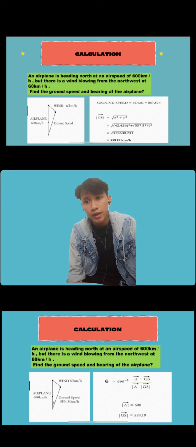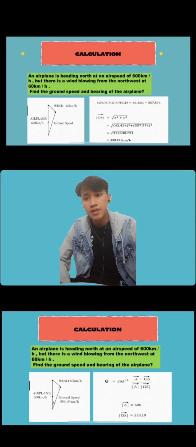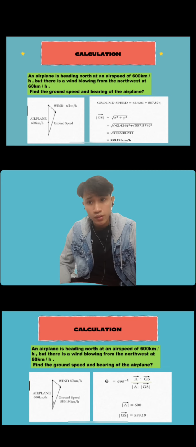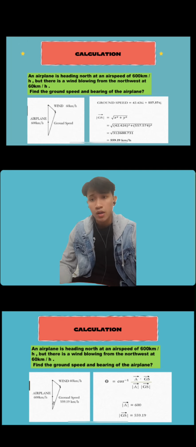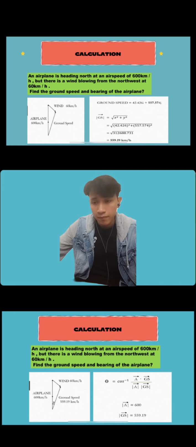Then we have to find the ground speed calculation. We must use the root of x squared plus y squared formula. Root of open bracket 42.426 close bracket squared plus open bracket 557.574 close bracket squared.